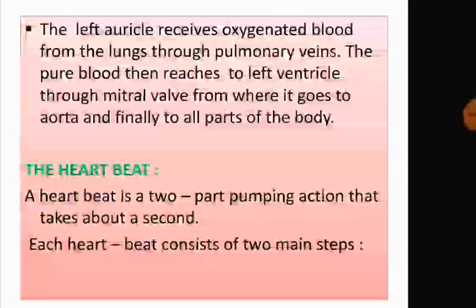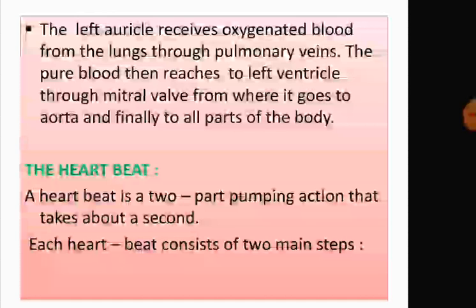And from the left ventricle, pure blood goes to the aorta. There is also a valve called the aortic semilunar valve. From there, through the aorta, it reaches each and every part of our body. Pure blood from the lungs comes by the pulmonary vein.